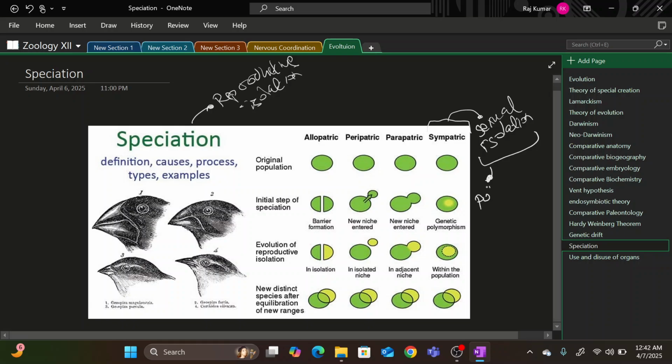This can be due to polyploidy, or habitat differentiation, or sexual isolation.